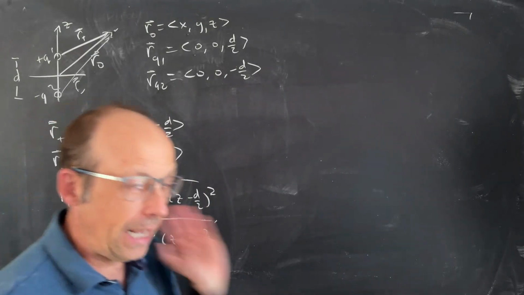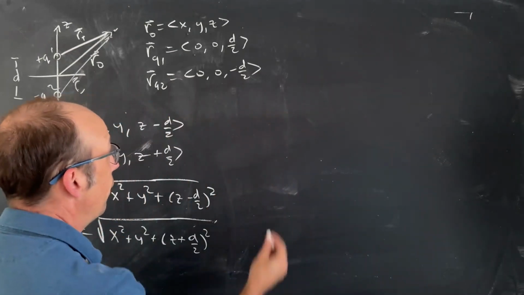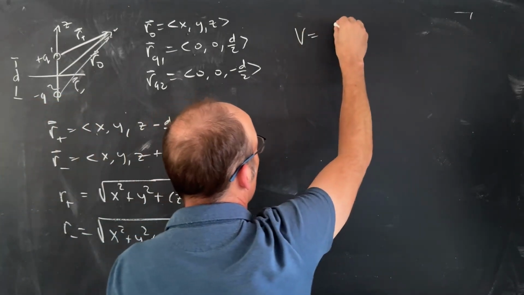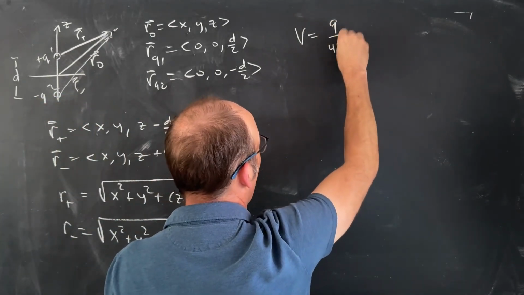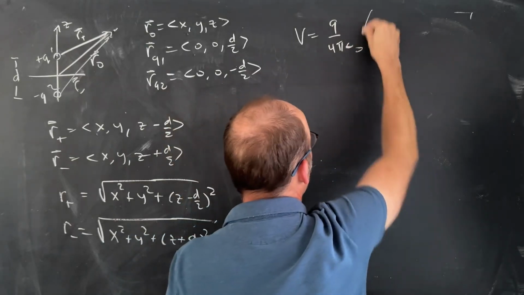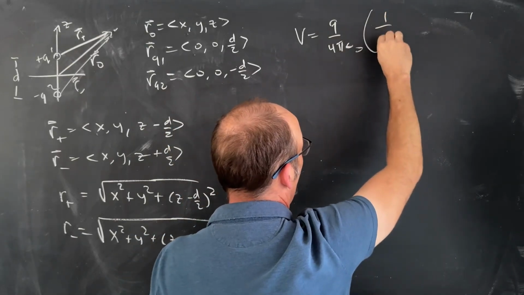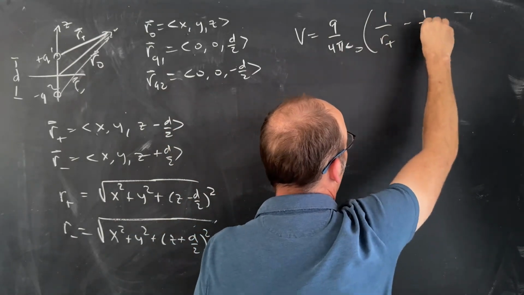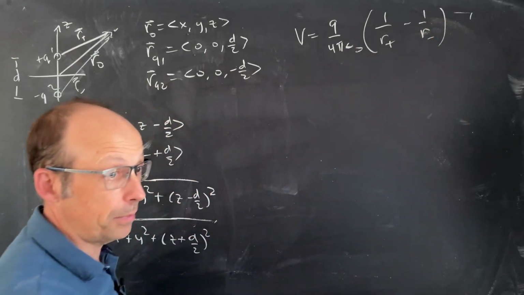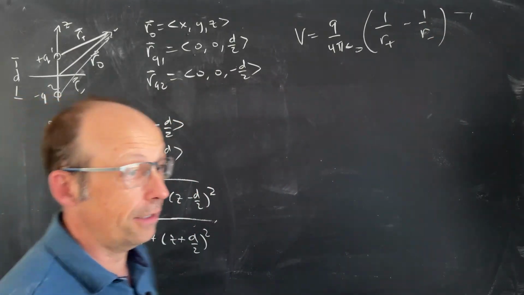Okay, and then I have the potential is just going to be q over 4 pi epsilon naught, and then I have 1 over r plus minus 1 over r minus. That's my potential, right?